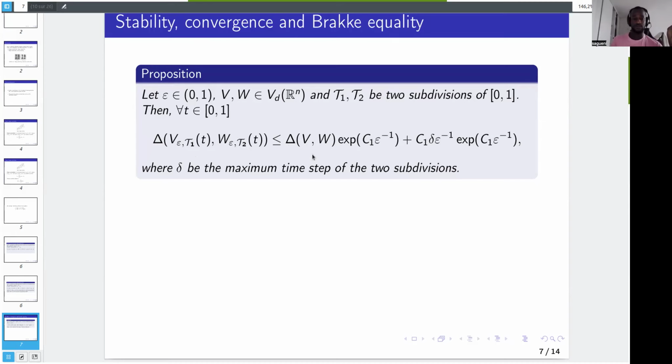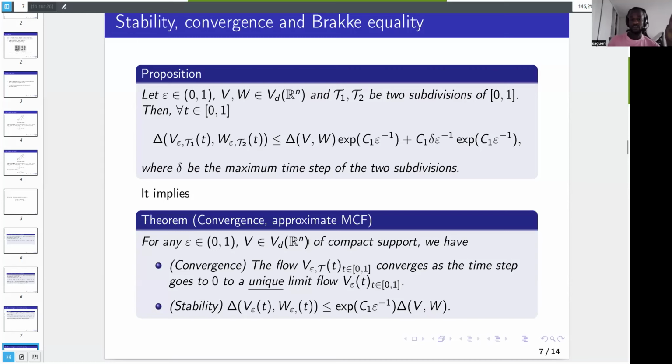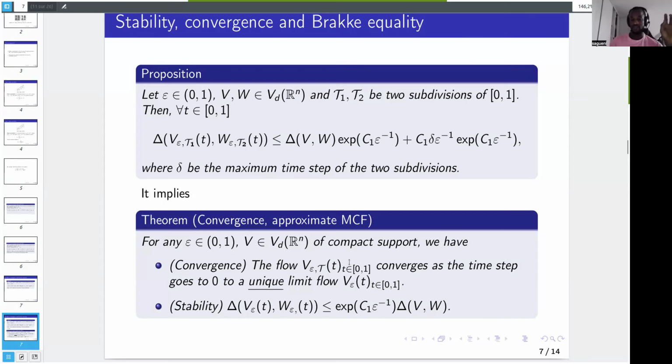We fix epsilon, we fix a varifold, any varifold, so any measure. This flow, when the time step goes to 0, converges to a limit. So this gives a solution to the Cauchy problem, and this limit has a stability property. The distance at any time is bounded by something which depends on epsilon, times the distance at time equals 0.